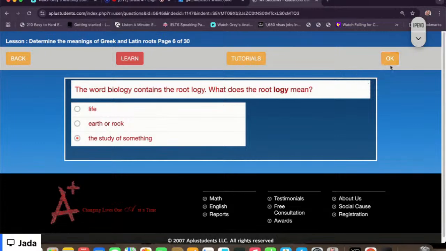Study of something, life, earth, or rock. What do you guys think?